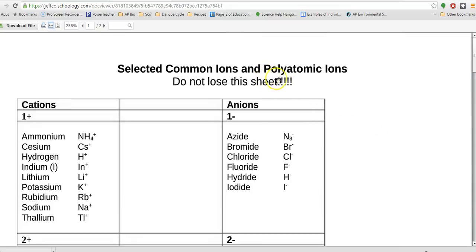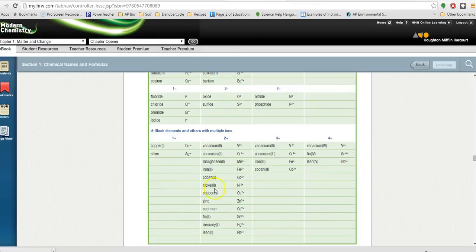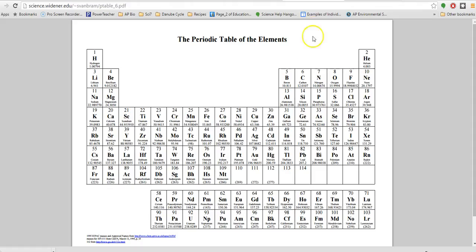If not, remember it's 2 pages. You also maybe need to have your textbook open to page 209 because this table right here is very helpful. And thirdly, you need a printed out copy of the periodic chart, or at least one open. If you don't have one, tell me and I will send you a link to one. So you need those things open.